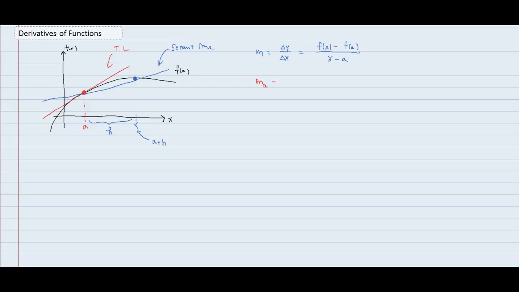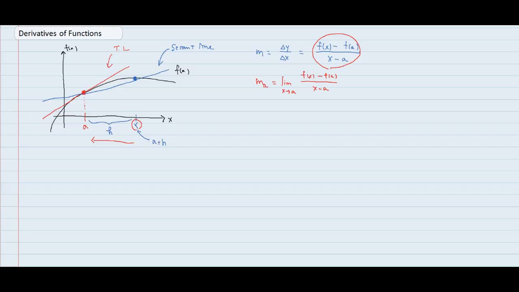What we need to do is take the limit of this fraction, letting that value of x get closer and closer to a. So another way of writing that is the limit as x goes to the value a of exactly that same expression, the change in y, which is f of x minus f of a, over the change in x, which is x minus a.